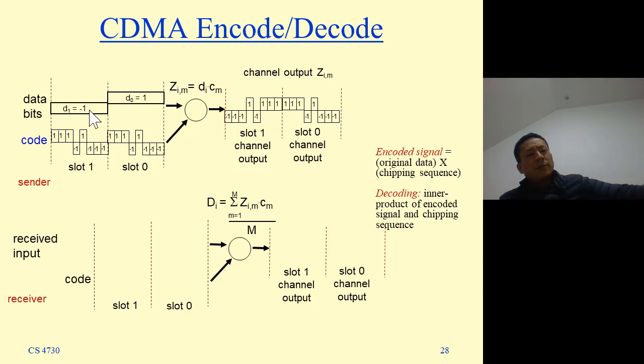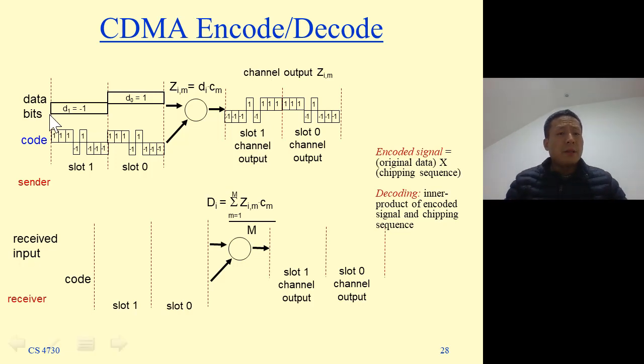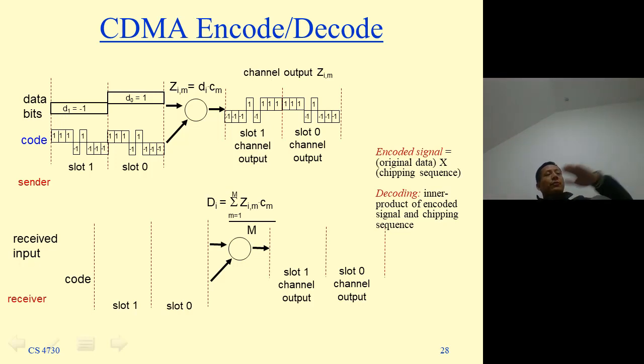If you are sending nothing, it's 0. But if you see -1, it means it's not nothing, but you are sending some 0 message. So that's the deal.